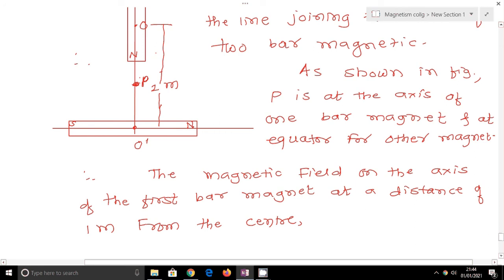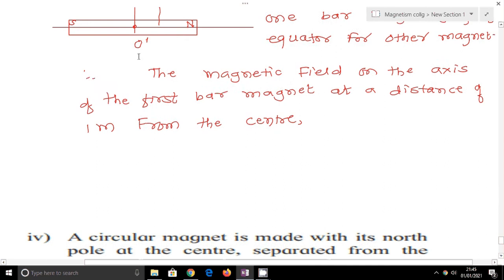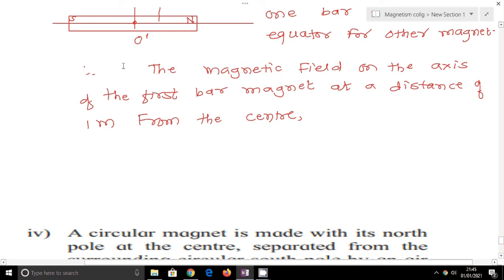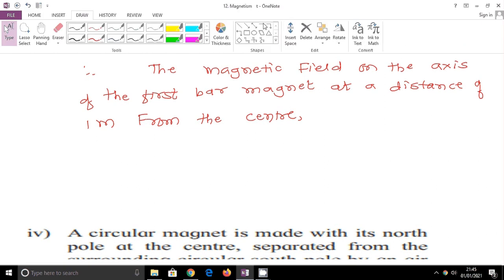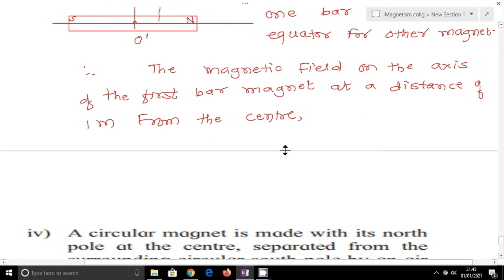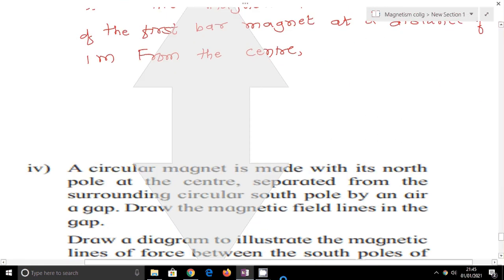Point P, for the first magnet, is an axial point, and for the second magnet, point P is an equatorial point. So here the magnetic field on the axis of the first bar magnet at a distance of 1 meter from the center is, so we know that point P is an axial point.